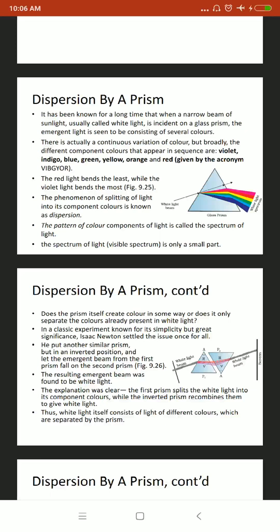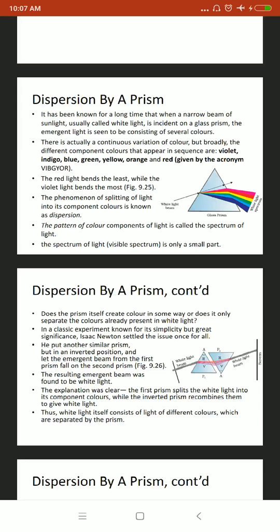This phenomenon of splitting of light into its color components is known as dispersion. Dispersion means that from white light, at the other side of the prism we get a range of colors.